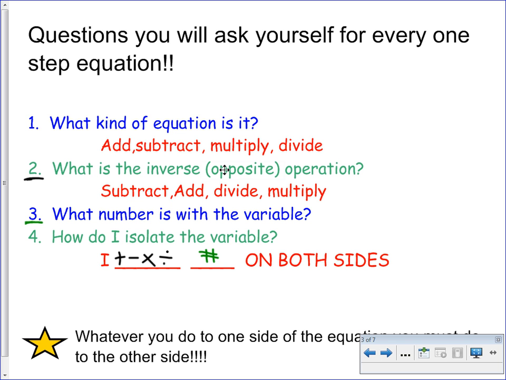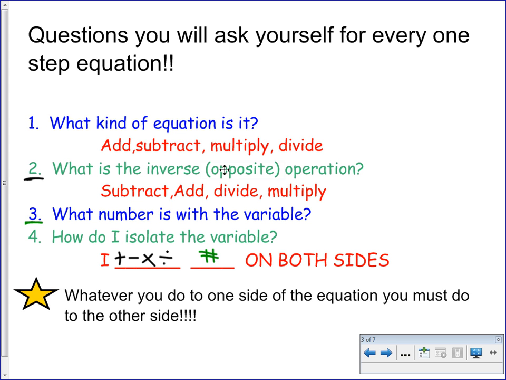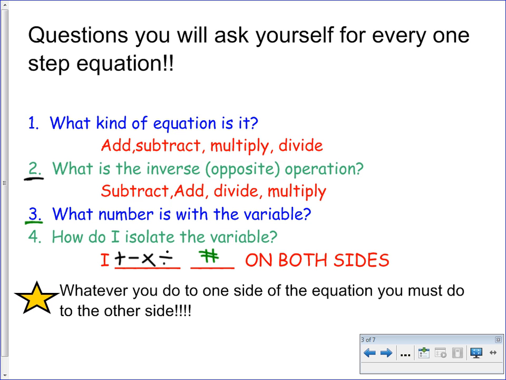Also, I want you to make sure that you get this very important starred sentence in your notes. This is the sentence that I will use to make sure that you viewed this video. It's also one of the main things you want to learn when you're solving one-step equations or any equations.